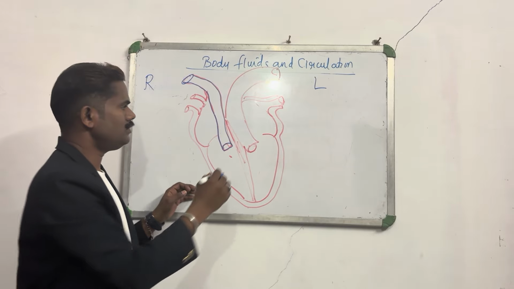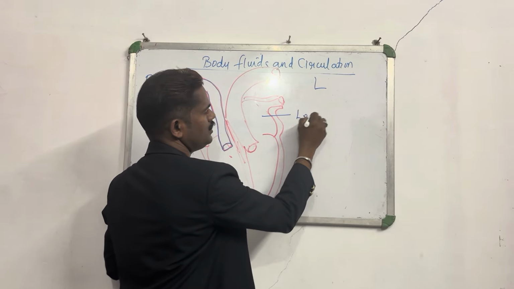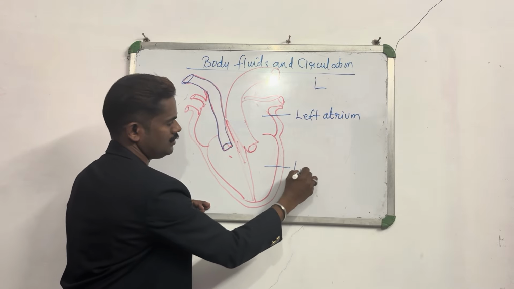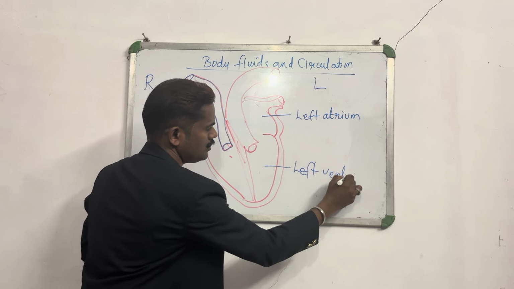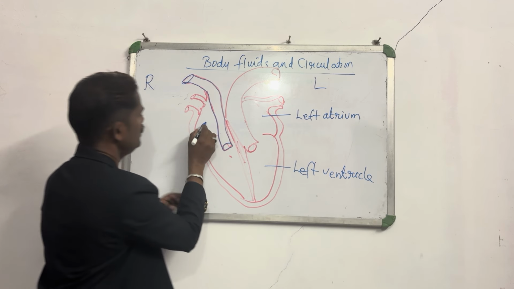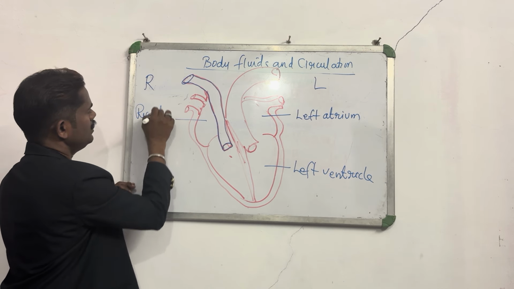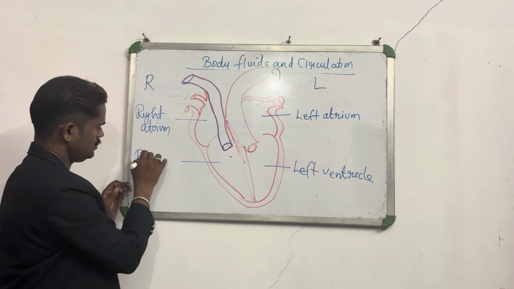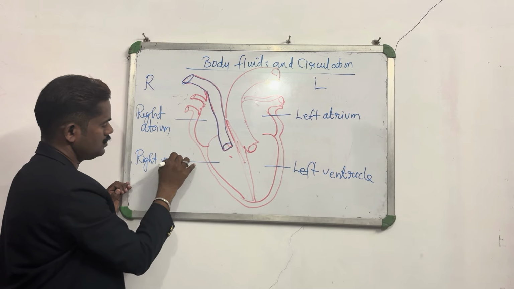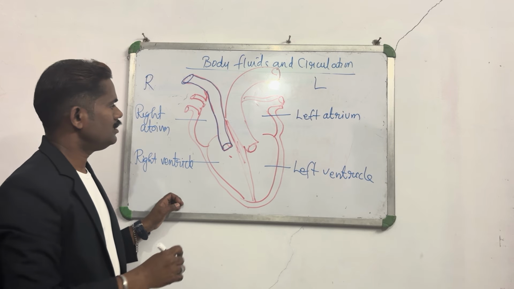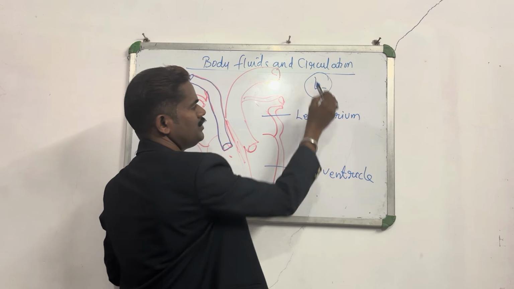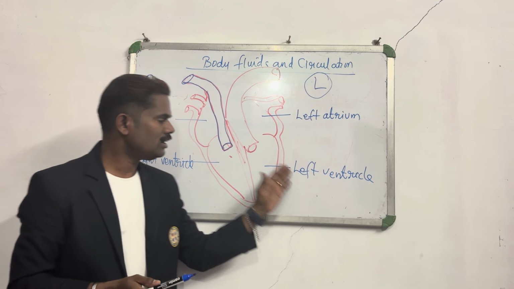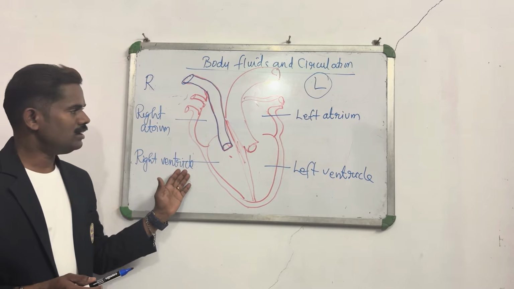This is the left atrium, this is the left ventricle, this is the right atrium and this is the right ventricle. The left side upper chamber is called the left atrium and the lower chamber is called the left ventricle, and on the right side, the right atrium and right ventricle.